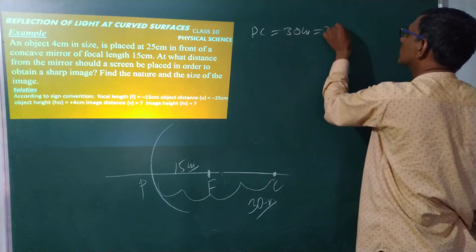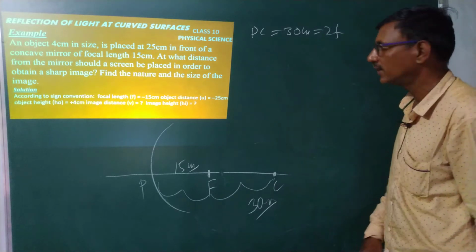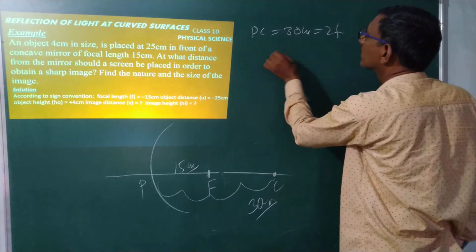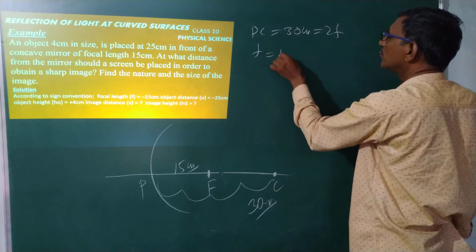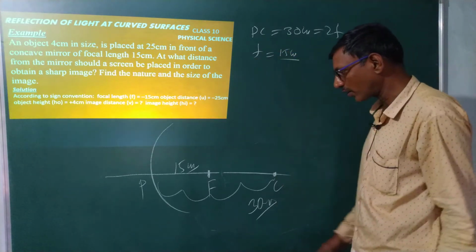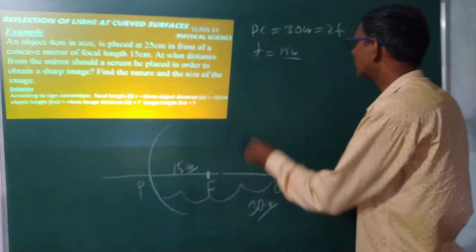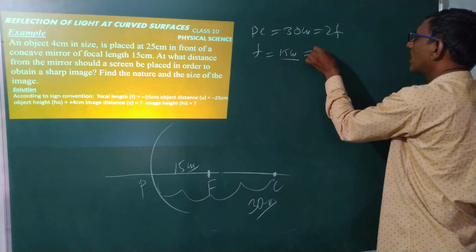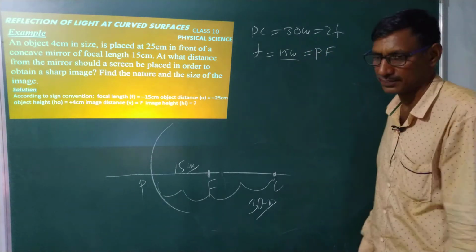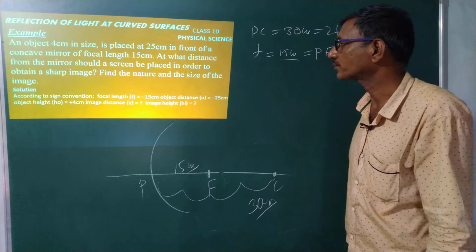This is always equal to 2F, I told you clearly. That means F is equal to 15 centimeters. That is given, the focal length PF. Okay, it's good.